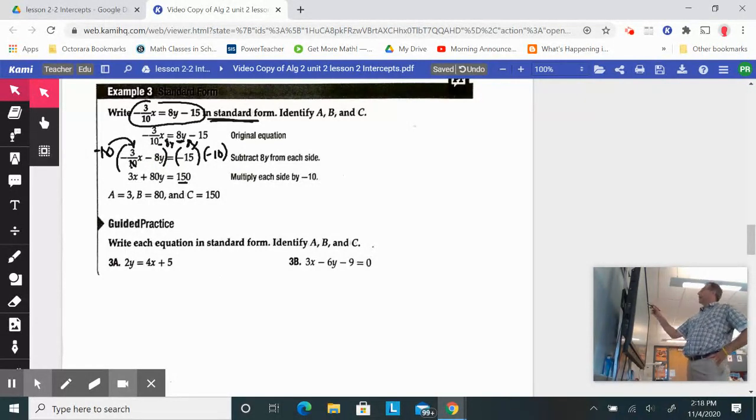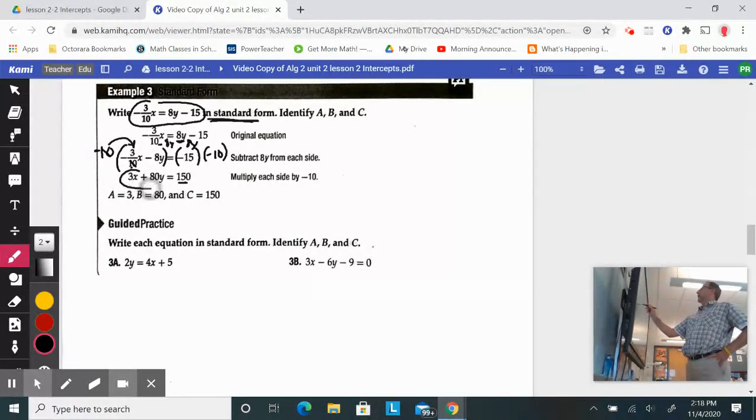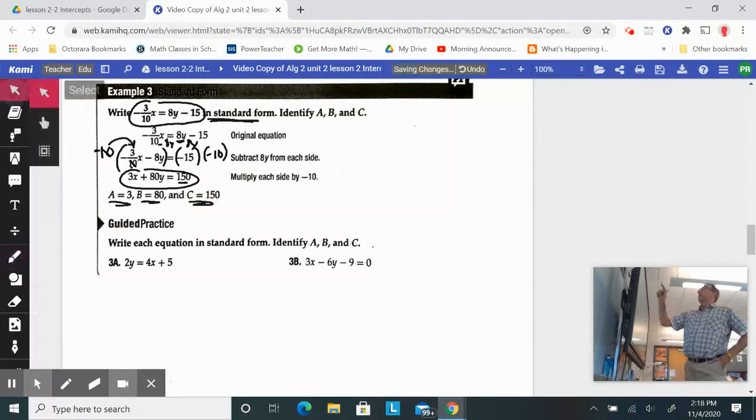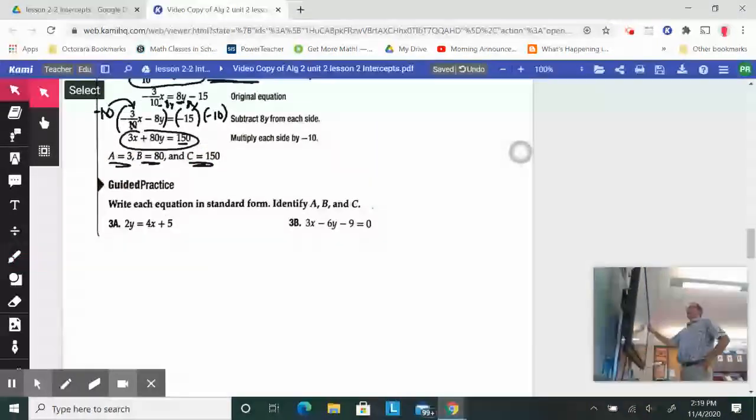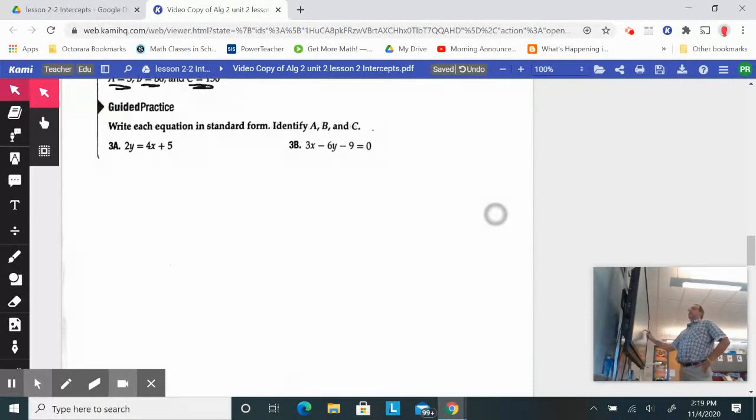And then finally, you've got to look for any common factor. But this 80 and 150, you can't divide anything out of all of those, so you are done. This would be called standard form, where the A is 3, the B is 80, and the C is 150. We're going to apply that idea to 3A.